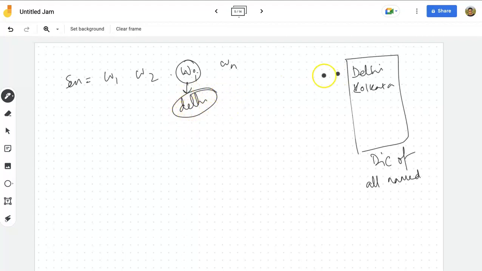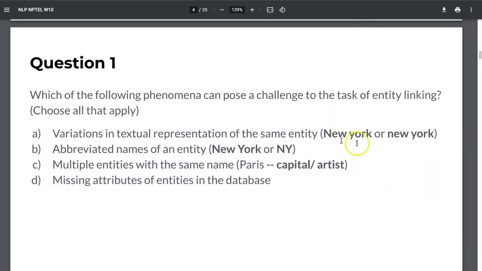Then if you just want to match with your dictionary table, you cannot find a proper match. This is kind of a silly example, but I hope you will get the point. In such cases it will be difficult to map it with the actual word in your dictionary. So there can be multiple variations of your textual input.